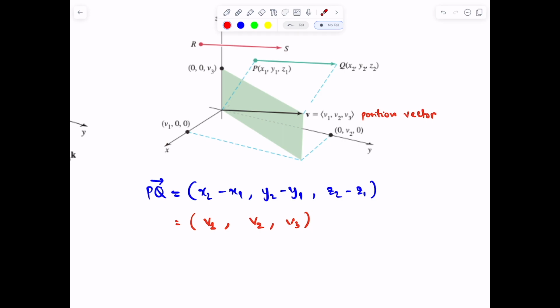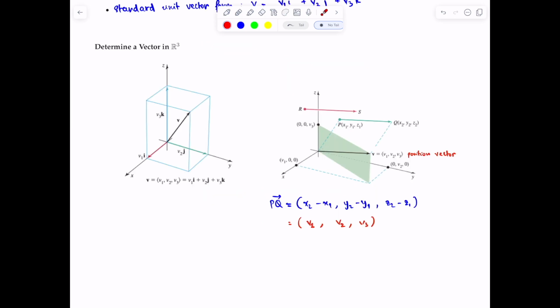So this vector right here is also the position vector for the vector going from the point R to the point S. This idea is very similar to the one we covered in the last lecture. Given two points, you can calculate the vector connecting P and Q, but the position vector is the vector with the initial point at the origin and the terminal point equal to the resulting calculation of P and Q.